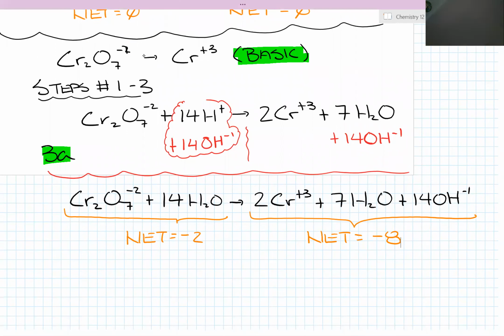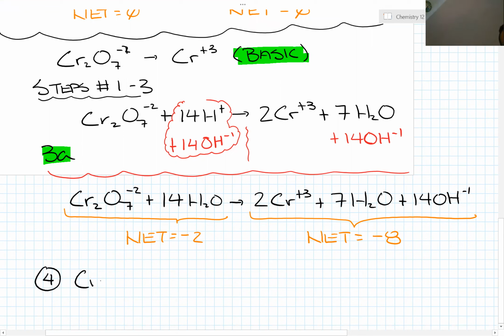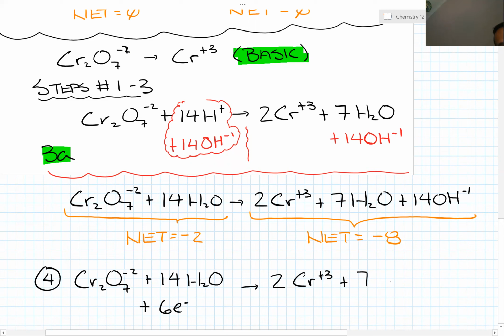So here, for step number 4, it would be Cr2O7 minus 2 plus 14 H2O plus 6 electrons gives you 2 Cr plus 3 plus 7 waters and 14 OH minus 1.